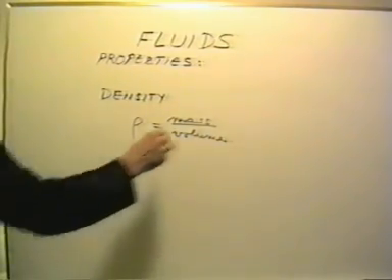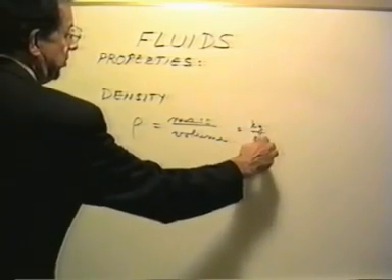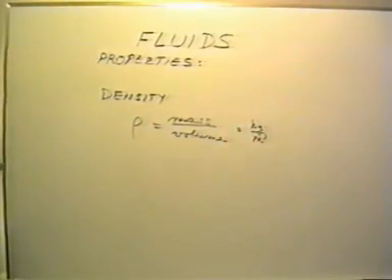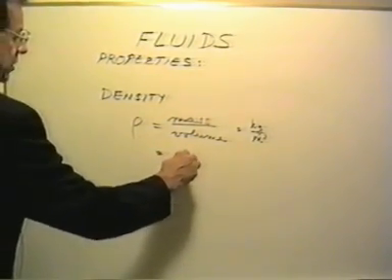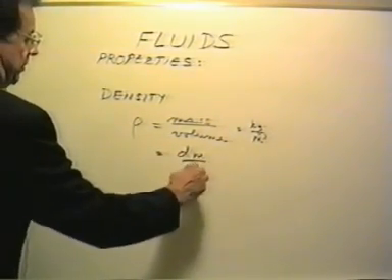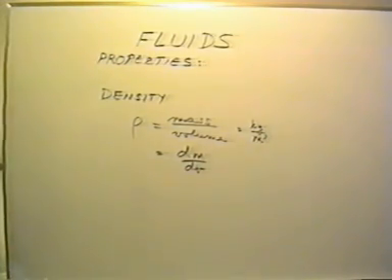The units then would be in kilograms per meter cubed. Sometimes it's written as dm/dV using the calculus version. dm/dV is also acceptable for density.